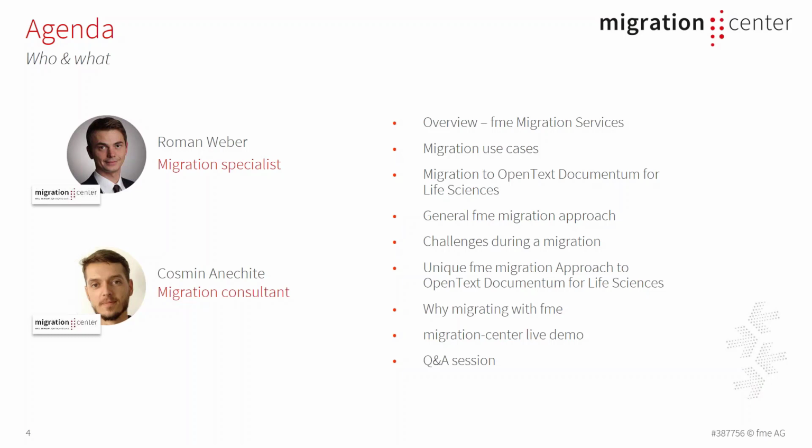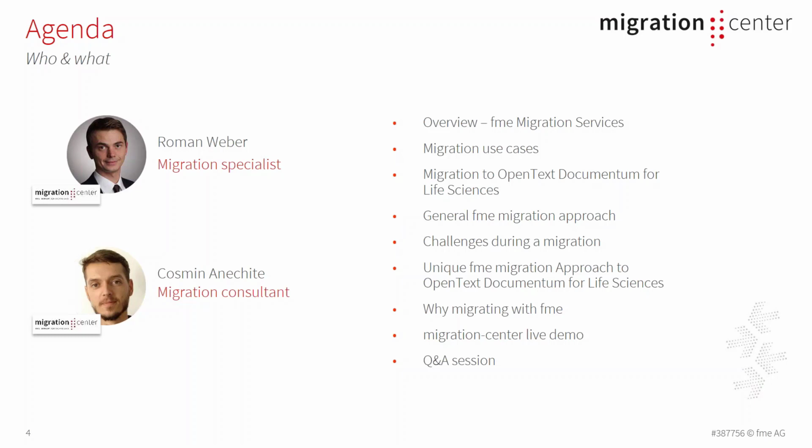In detail, I will start with a general approach, which we use to migrate in general, from anything to something, and the general challenges during the migrations. And I'm going to specify all this to our unique migration approach, which we use for OpenText Documentum for Life Sciences.